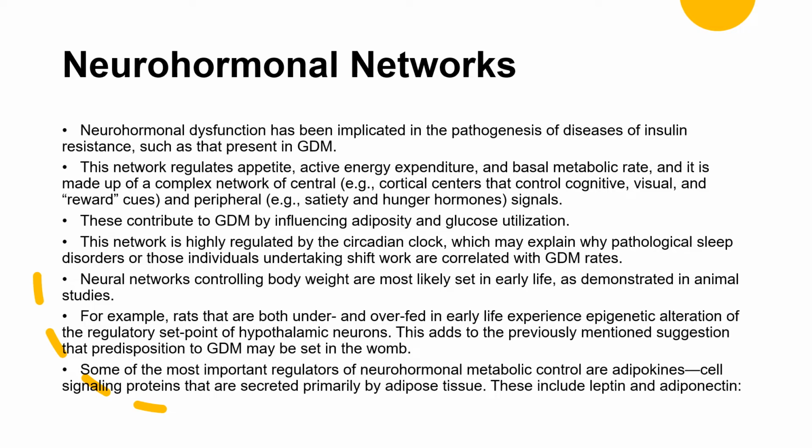This adds to the previously mentioned suggestion that predisposition to GDM may be set in the womb. Some of the most important regulators of neurohormonal metabolic control are adipokines, cell-signaling proteins that are secreted primarily by adipose tissue. These include leptin and adiponectin.